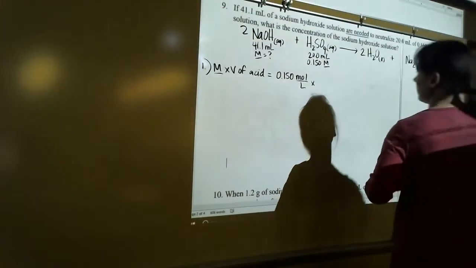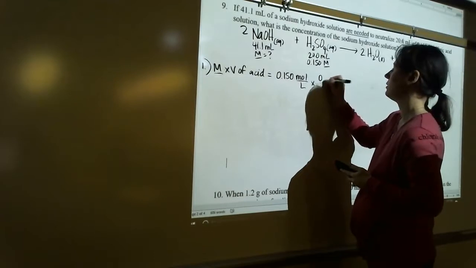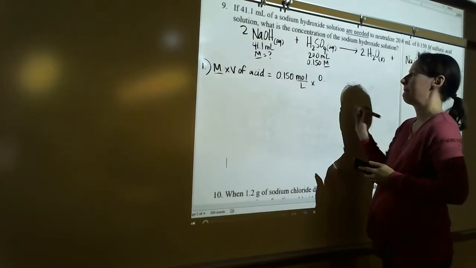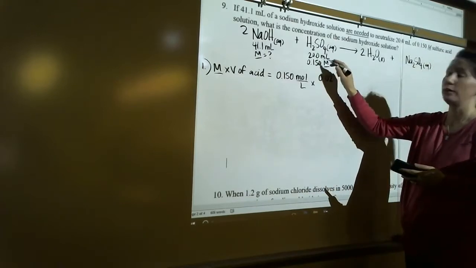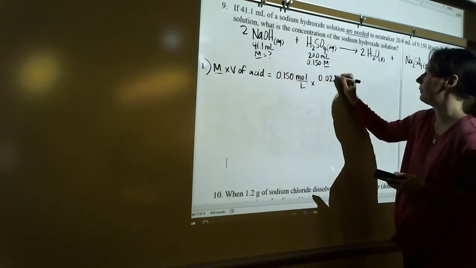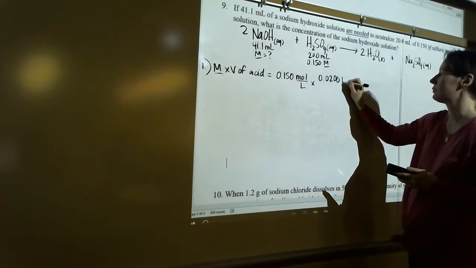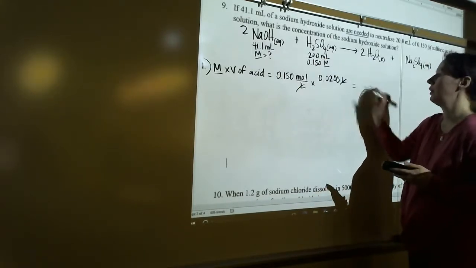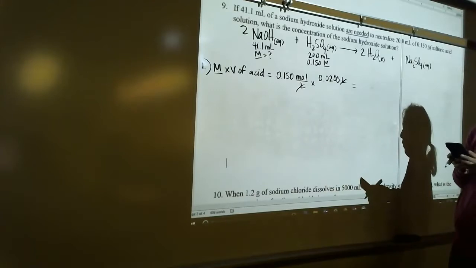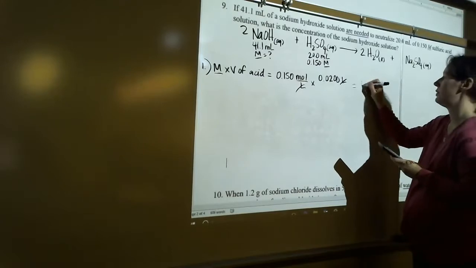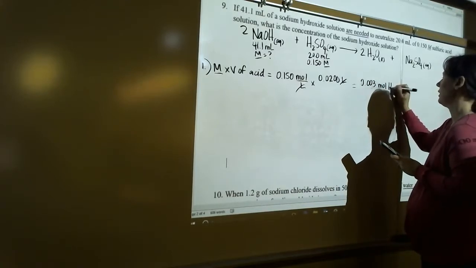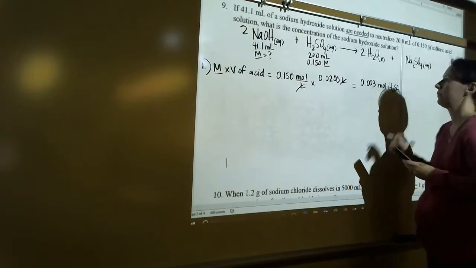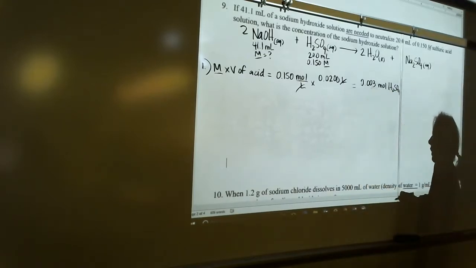And what would that be in liters? 0.02. Do these zeros go along with it? Are they significant? Yes, they are, because of that decimal place. All right, so 0.15 times 0.02 gives me 0.003 moles H2SO4.